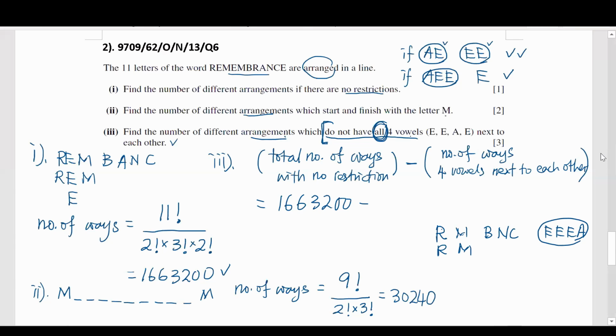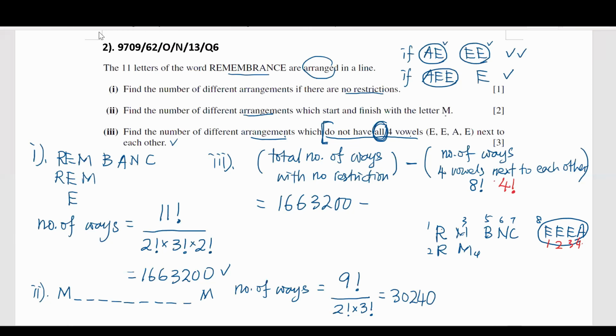Now we start counting: 1, 2, 3, 4, 5, 6, 7, 8. So effectively, there are 8 letters to be arranged. At the same time, the 4 vowels can arrange among themselves, which has 4 factorial ways.